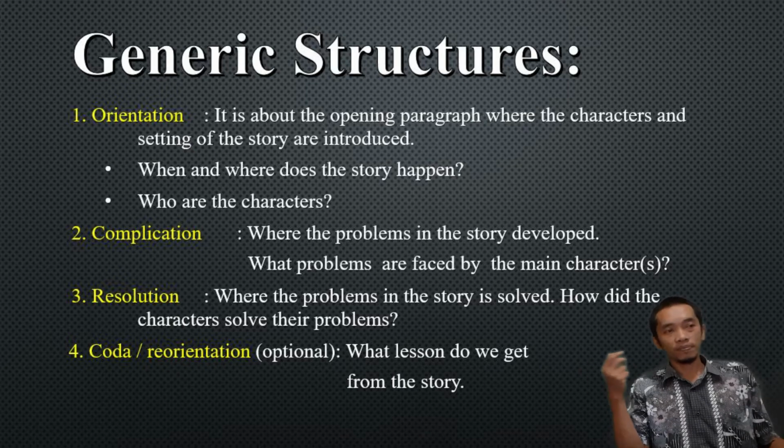The third one, resolution, where the problem in the story is solved, or it contains problem solving. How did the characters solve their problems? And the last one, optional: what can we learn, or what lesson do we get from the story?